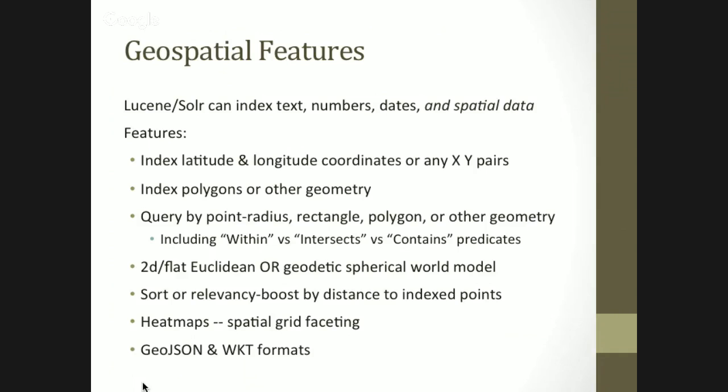Once you start indexing non-point data, like polygons, then it raises the question of what sort of relationship you want to search against with your query shape. Is it purely intersects, or is it contains or within? You can make that distinction. Also, there are two kinds of what I call world models. There's a flat Euclidean 2D plane model, which may not even be something on the Earth.